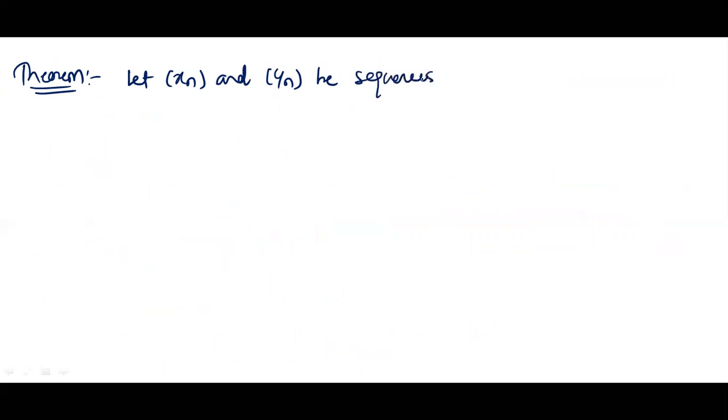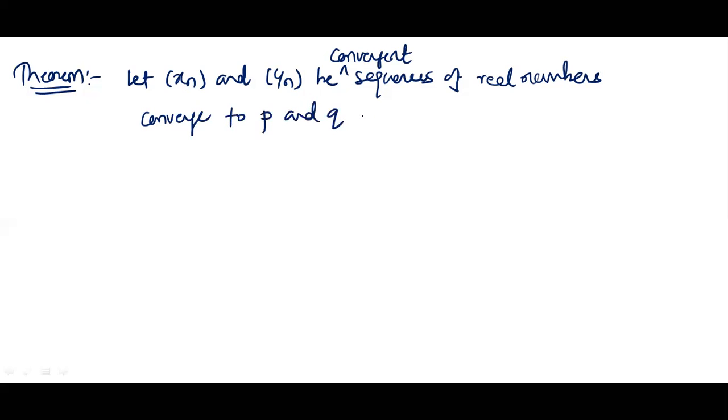Next result. Let xn and yn be convergent sequences of real numbers that converge to p and q respectively.